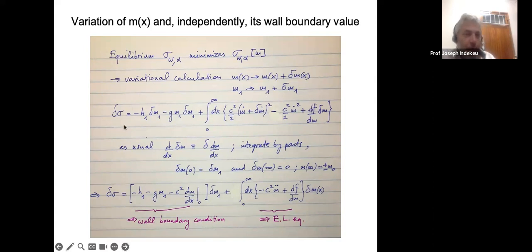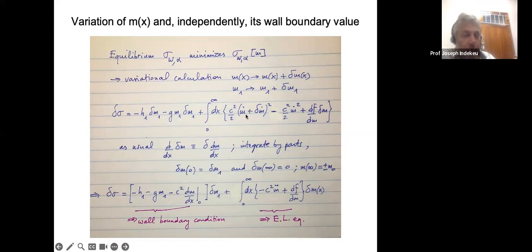Okay, so let's do the two variations simultaneously now. Okay? The hard way. Okay? The result is that the variation of the functional is this expression. Okay, these are proportional to delta m1. And then this is the integral. And in the integral, I have replaced m by m plus delta m.